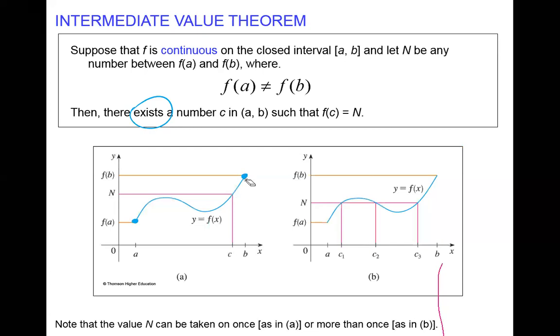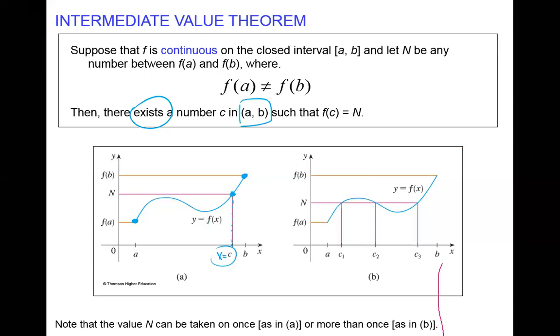If I take the continuous function, and if I draw a horizontal line, that means this horizontal line will intersect the function always at the point that the corresponding x value, c in this case, is between a and b, always.